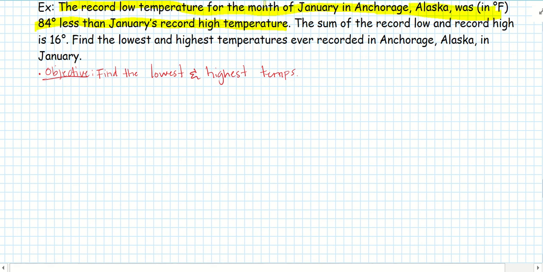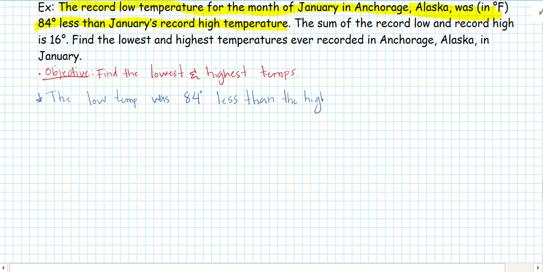Because they're saying that it's 84 less than. So let's write that on the side: the low temperature was 84 degrees less than the high temperature.